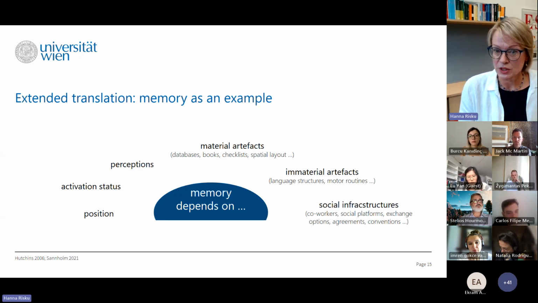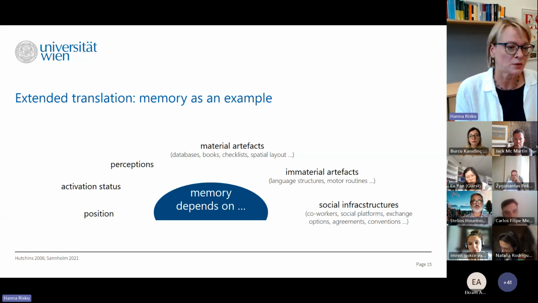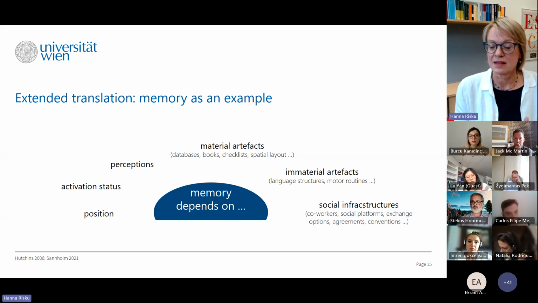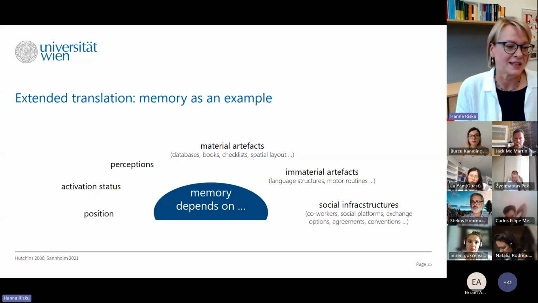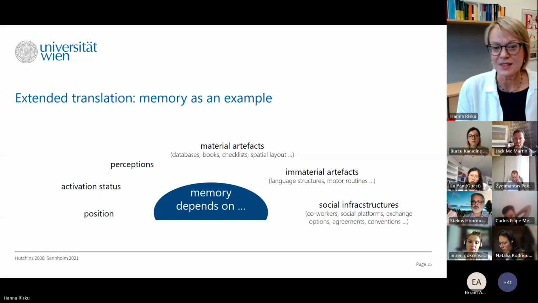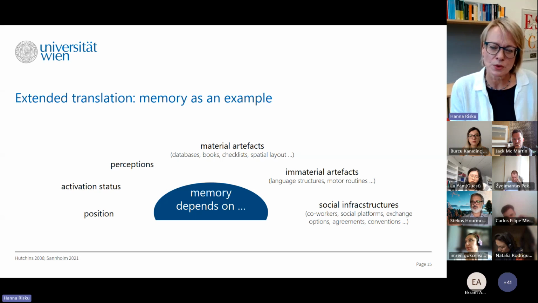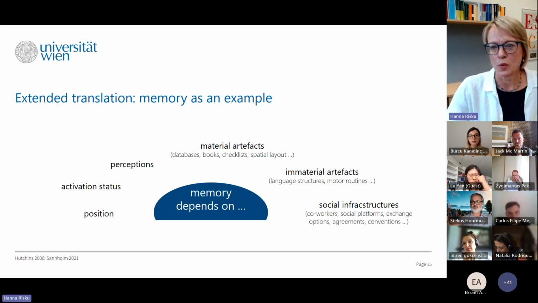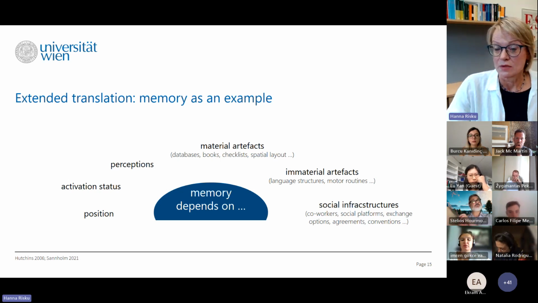It depends on social infrastructures like co-workers, social platforms, agreements, and conventions. And all those serve as hints and scaffolds, these frameworks, to support our thinking and doing and memorizing. So an explanation on the level of the individual view would, from this viewpoint, be reductionist.